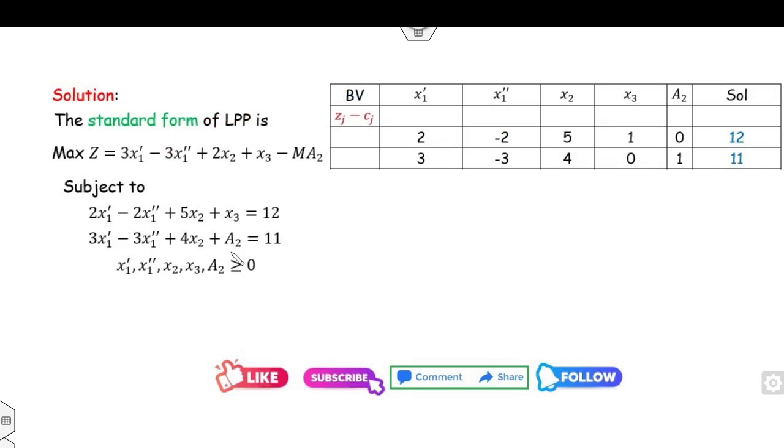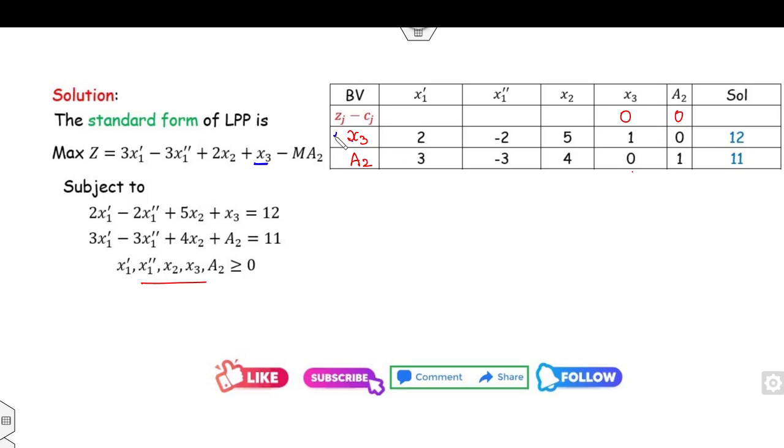Now, I can write all those variables in this case and calculate this value. Now you can see this is the identity column. X3 is my identity column first. A2 is 0. Fine. Now how can you compute the values?